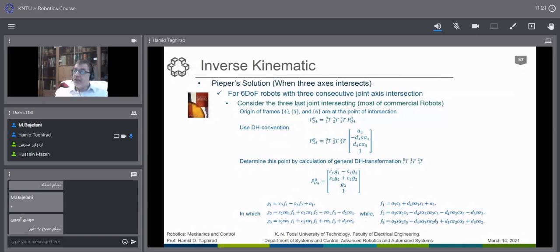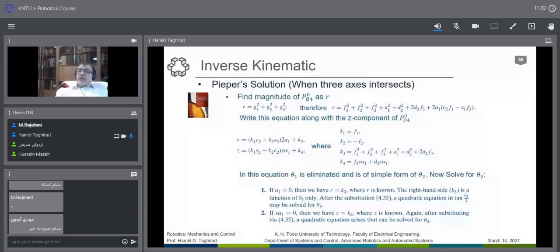Now, if we solve for these 3 equations, we can consider only the magnitude of PO4 with respect to 0 as R, as we did in a simple 3R manipulator. So we have the G1, G2, G3 point.